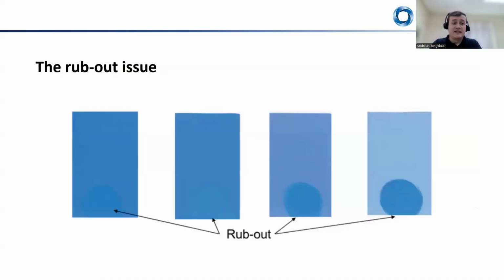Okay. And how do we manage to evaluate the presence of a good wetting agent? So the answer is through a rub-out test. And the rub-out test highlights differences in pigment dispersion and wetting within a coating film.